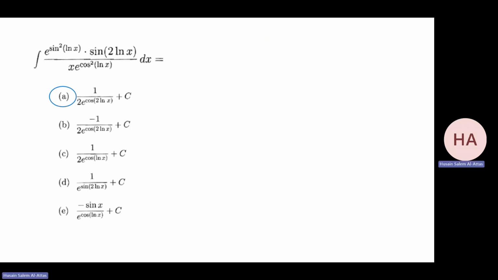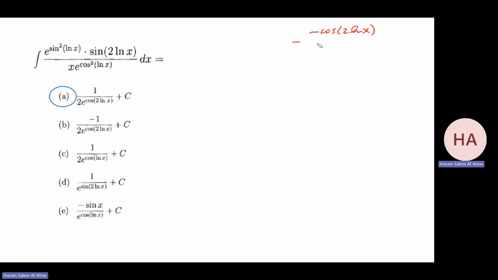Or you can do it in 2 steps. If you want to do it in 1 step, you let u equal e to the minus cosine 2 ln x. You know what?